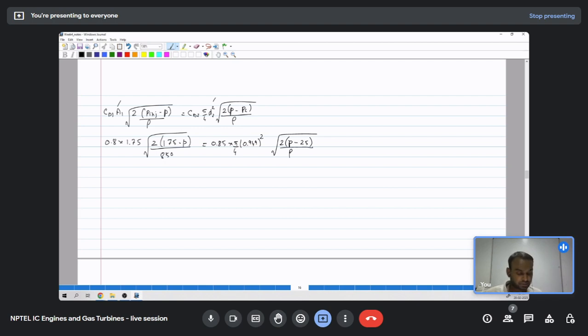So can someone parallelly solve this and find the value of P?